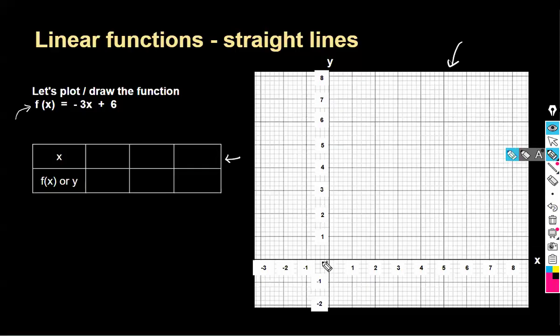Our x-axis goes from -3 to +8. So let's all agree on a class. Let us choose -2. I always love choosing 0. And let's choose 5. Let's say in the exam, you chose -2, 0, and 5.